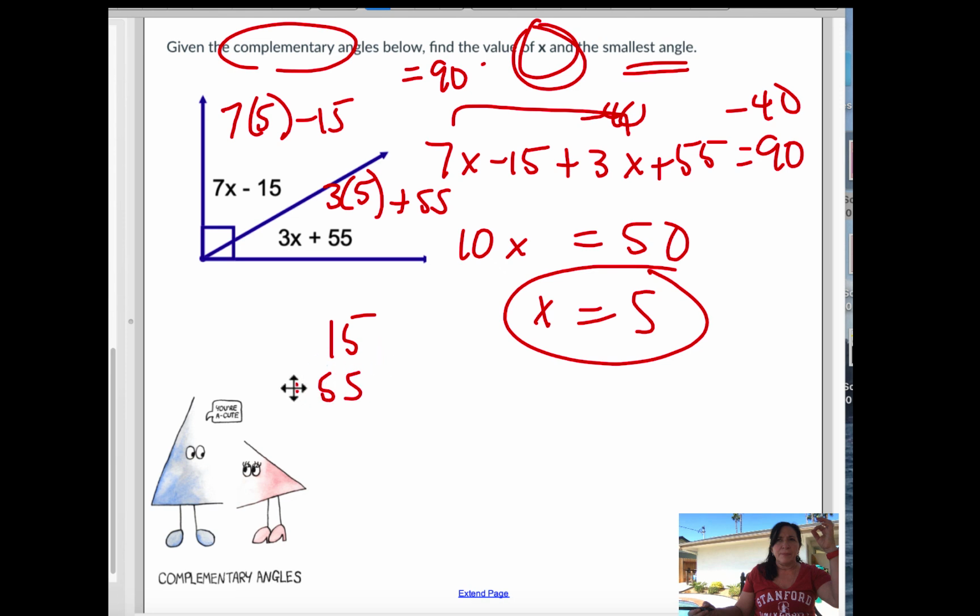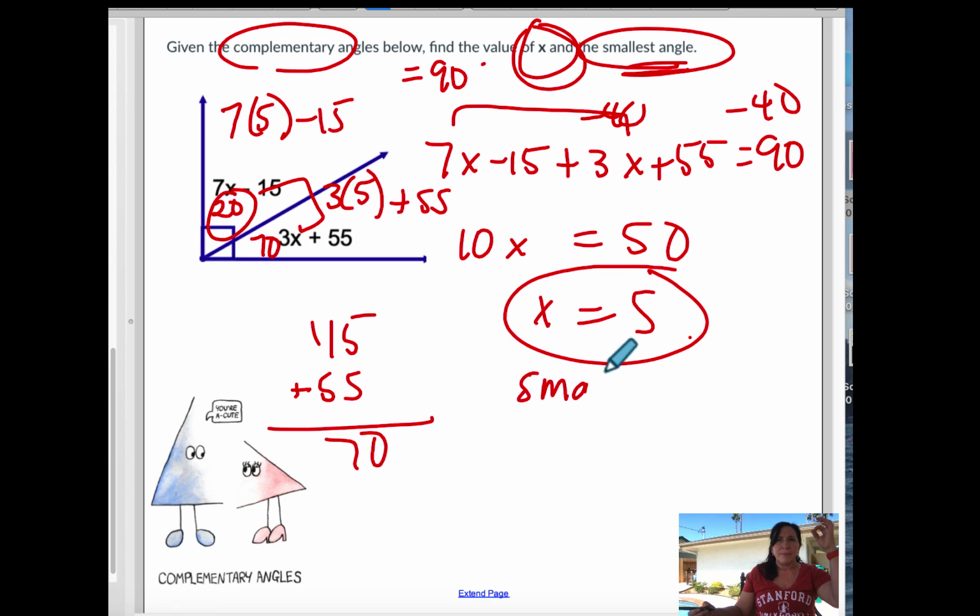If I add 55 to that, I get 70. And so I know that this little angle down here is 70. 35 minus 15 is 20. So I know that angle is 20. So when they ask me for x, 5, and the smallest angle, you have to choose which one is the smallest. So the smallest angle in this problem would be equal to 20 degrees.